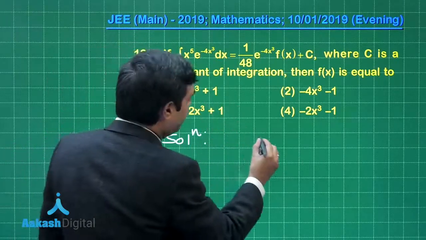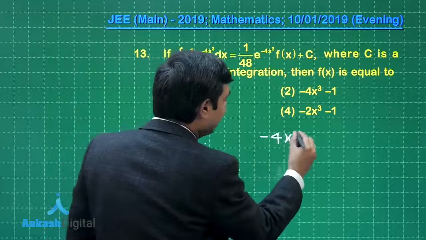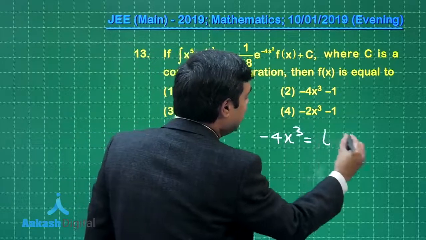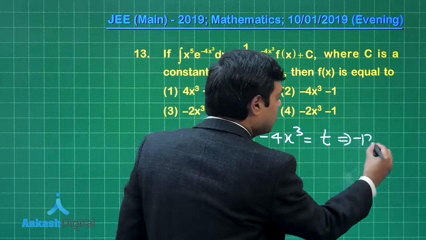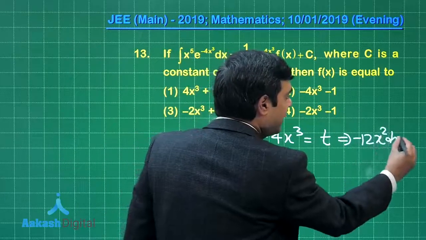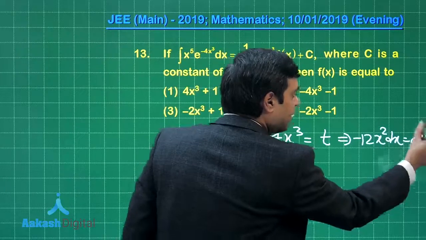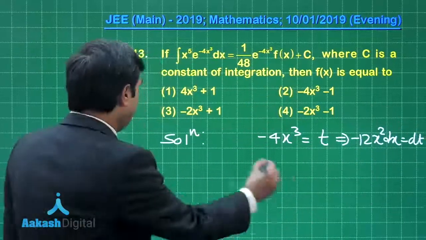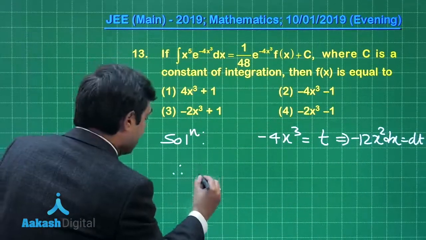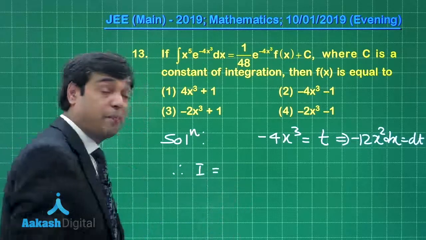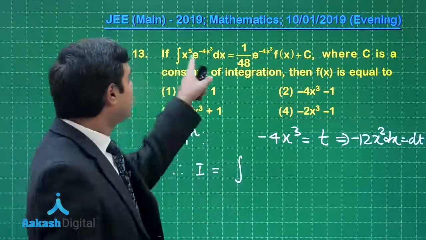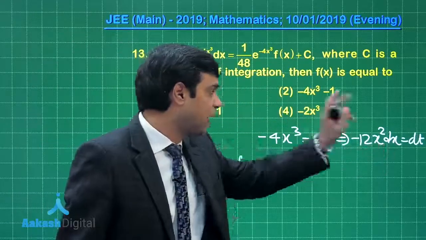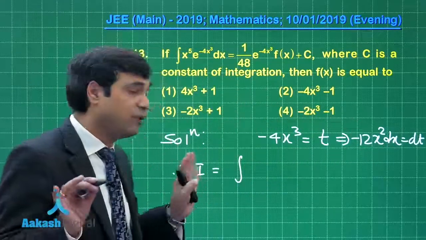If I substitute here minus 4x cube as t, I will get minus 12x square dx is equal to dt. Now we can write the left hand side, let us say I, is equal to the integral of x square taken with dx, so that x square dx can be written as minus 1 by 12 dt.